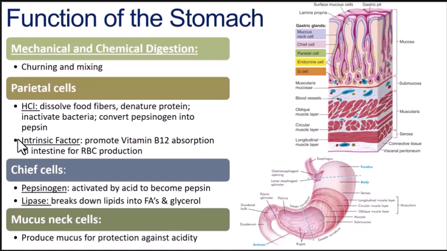Parietal cells also produce intrinsic factor. Intrinsic factor is necessary for the intestinal absorption of vitamin B12, and we need B12 in order to produce proper red blood cells. When we consume B12 orally and it reaches the stomach, its goal is to reach the small intestine, where we can absorb it and use it as part of the process of making red blood cells.